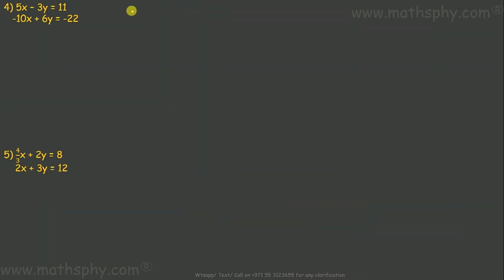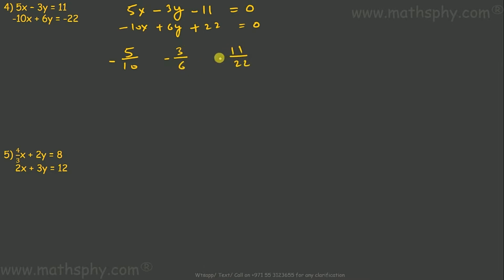This one here, 5x minus 3y minus 11 equals to 0, minus 10x plus 6y plus 22 equals to 0. Negative 22 goes this side. So A1 over A2, 5 over 10 negative, B1 over B2, 3 over 6 negative, C1 over C2, 11 over 22 negative.